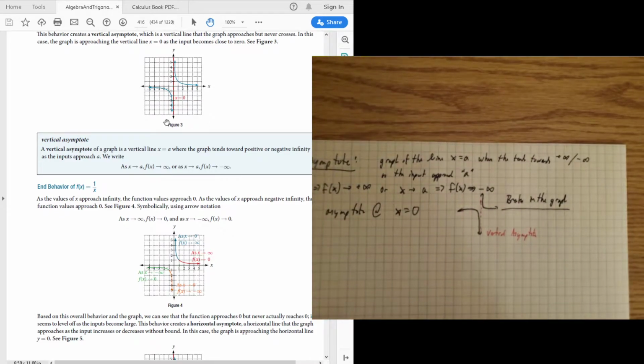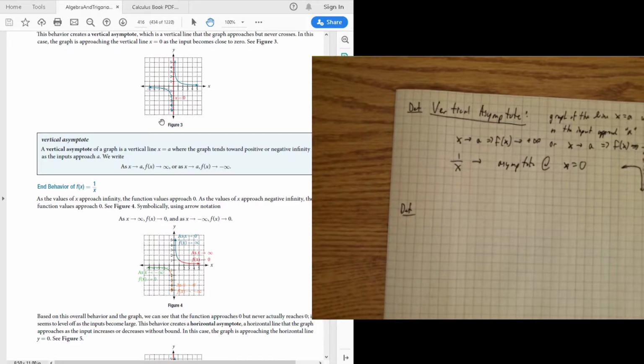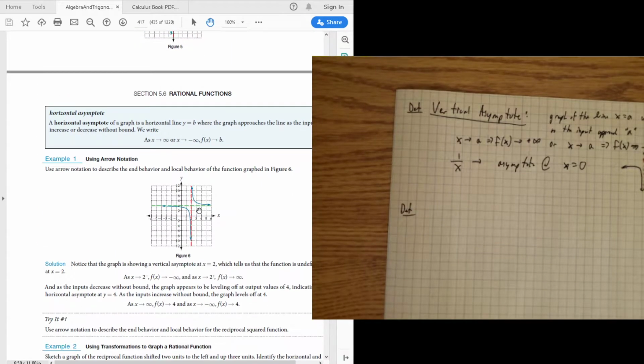By definition, there's a second type of asymptote. These ones are referred to as horizontal asymptotes. They're right here.